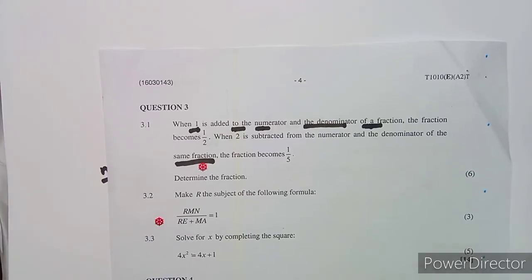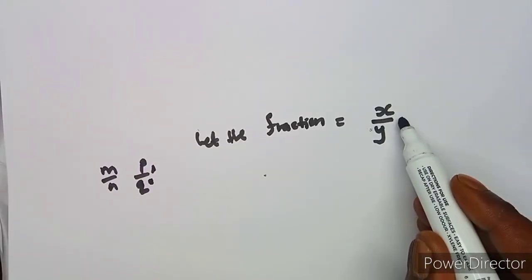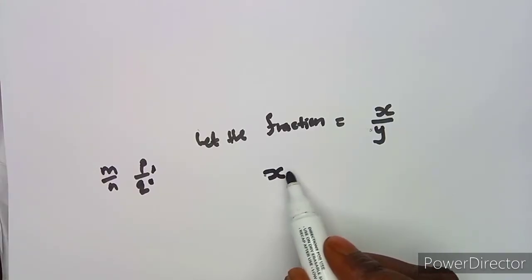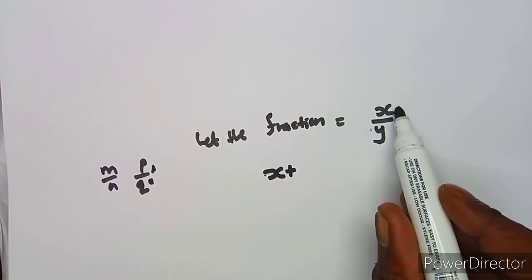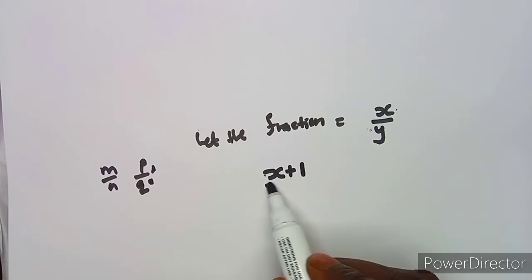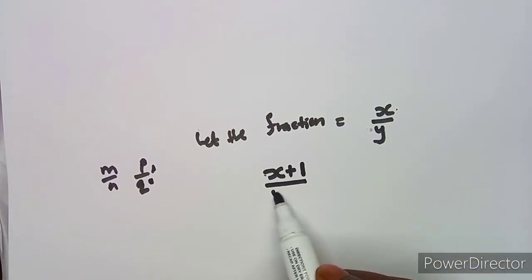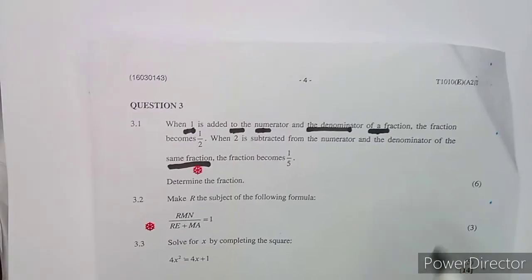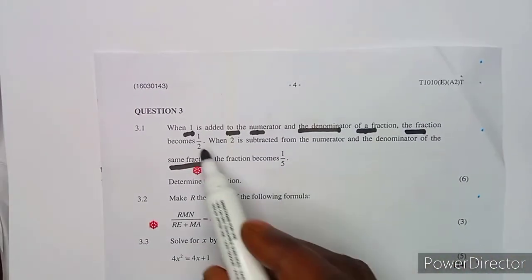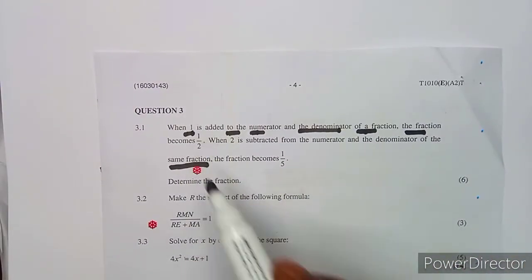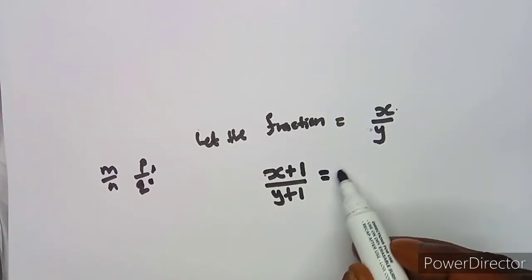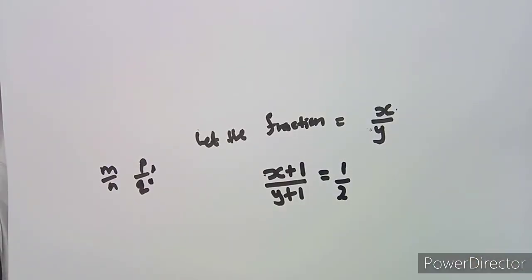This is our fraction. We add 1 to the numerator, and we add 1 to the denominator. What are we going to have? The fraction becomes a half. That's a condition that we're given.